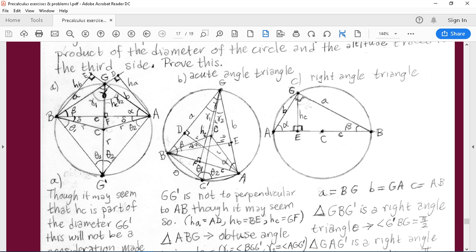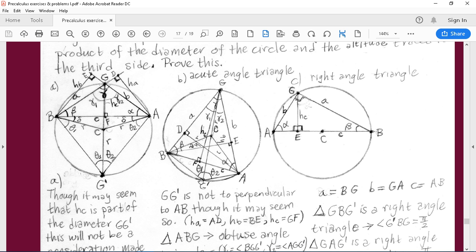Right angled triangles are in triangle GB, G prime, in which the segment G prime is the diameter of the circle and is also the hypotenuse of triangle GB, G prime. We also have right triangle GA, G prime.